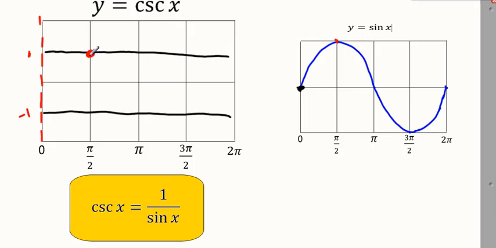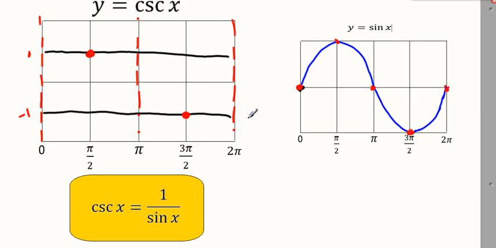Again, we had 0 for sine, 1 divided by 0 was an asymptote. 1 over 1 is 1, so there's my 1 point. 0, so there's another 1 divided by 0 asymptote. -1, so 1 over -1 is -1. And then 0, 1 divided by 0 is an asymptote. So again, just like what happened on the tan and cotan, asymptote dot, asymptote dot, asymptote.